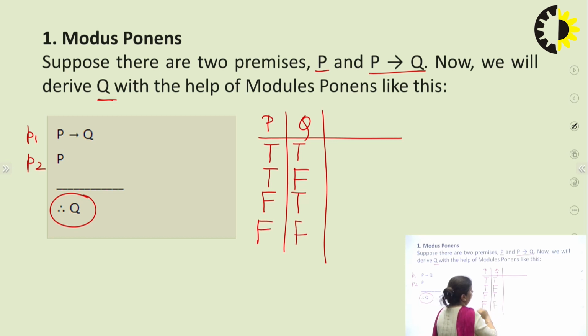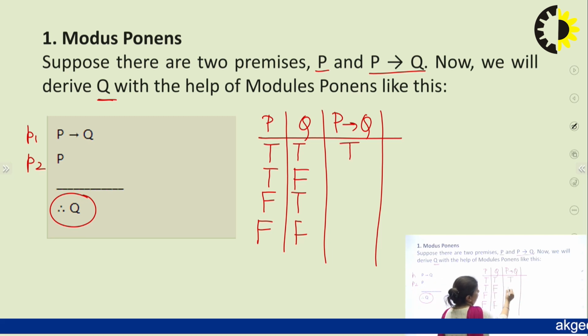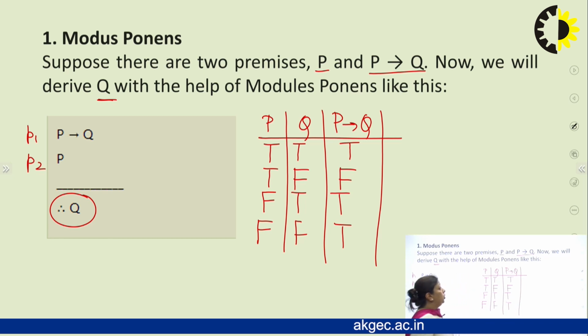These are all the possible values for P and Q. Now for P implies Q, let me compute the truth values. If both are true, I'll get a true. If the first is true and the second is false, I'll get a false. If the first is false and the second is true, this is true, and if both are false, then again this is true. Now we'll see what my critical rows are.